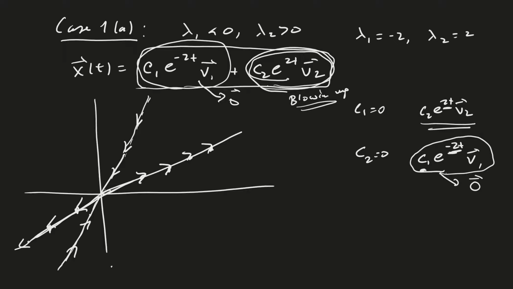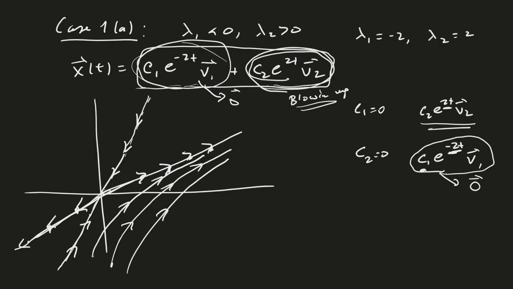So if I started over here somewhere, my vector might bend a little bit, but it's going to be going out to infinity along the vector v2, because this part of the solution is going to 0. Okay, and so we might have curves like this. Okay, and then the outside curves might go like that. Similarly down here, this is just the flip of that. So these are all heading towards infinity along v2.